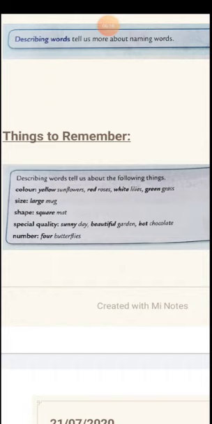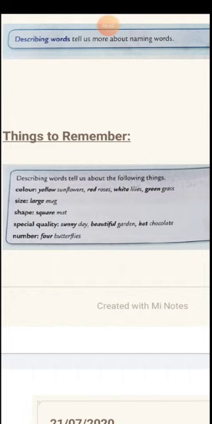The day is very sunny, means sun is shining very brightly. Then garden. Garden is the naming word here. How is the garden? The quality of the garden. Beautiful. Now the next example given here is chocolate. How is the chocolate? Hot chocolate. Okay, so the word hot is an adjective.